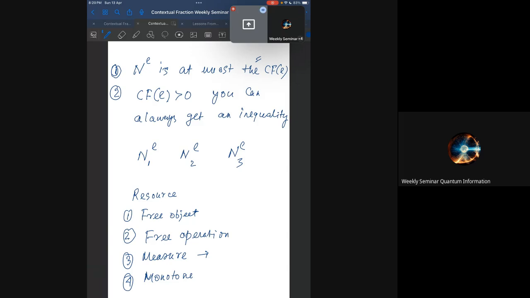Okay, so these are the tools of a resource theory. I will try to establish that the contextual fraction is a monotone in the resource theory of contextuality.